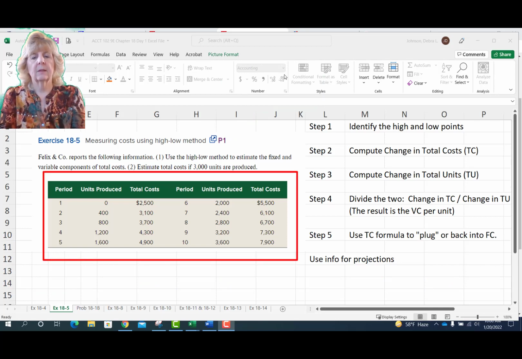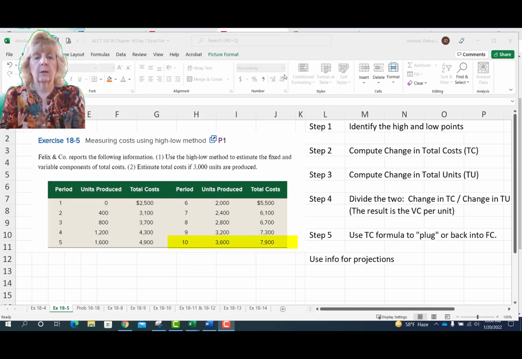So I wrote down the steps in your notes on how we will attack mixed costs, because mixed costs cause us problems. Step 1 will identify the high and low points. Looking at the chart given, find the highest point in terms of total cost and the lowest point in terms of total cost, and identify those 2 periods.